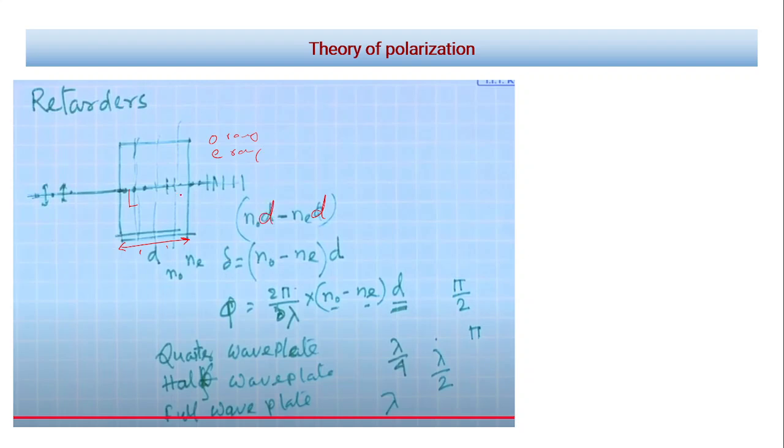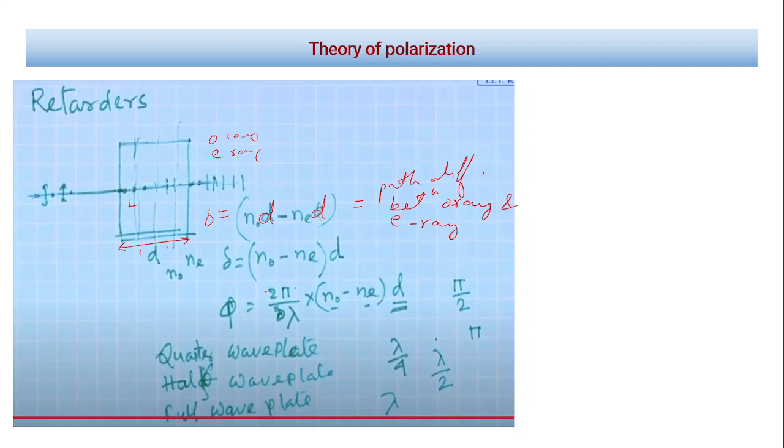So the path difference between these two parts, the O ray and E ray, will be n_o d minus n_e d. This will be the path difference between the O ray and E ray when they combine outside. We can simplify it to write like this.